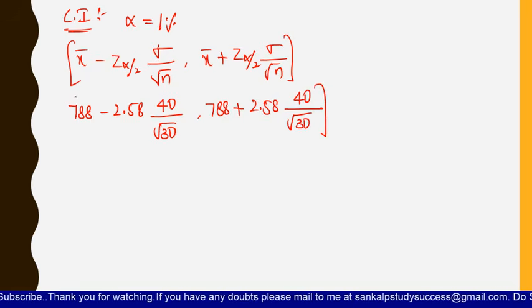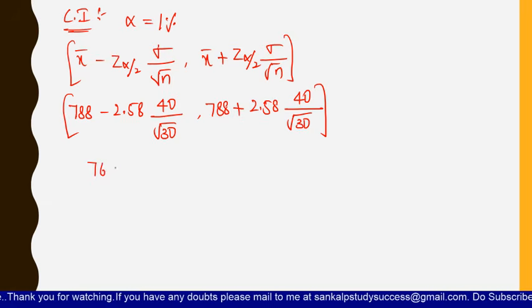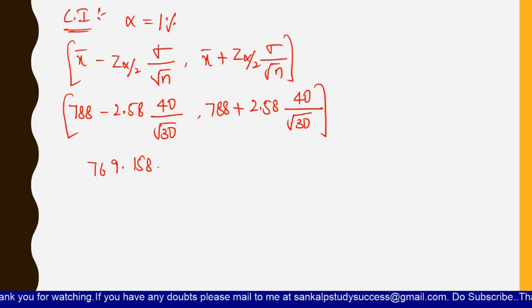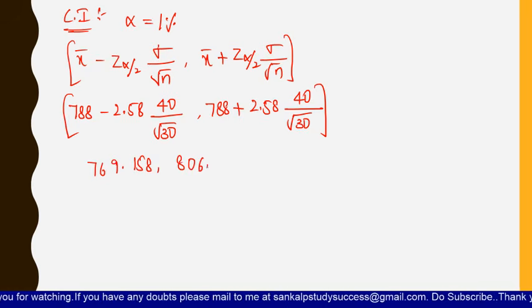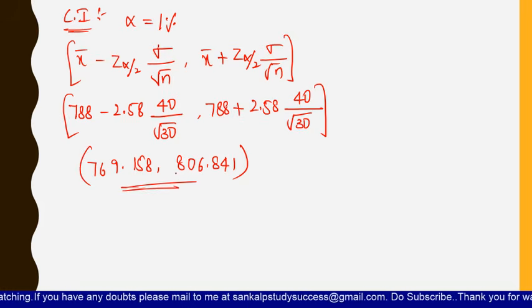Now if you simplify this, you are going to get 769.158, 806.841. This is the confidence interval for 1% level of significance.